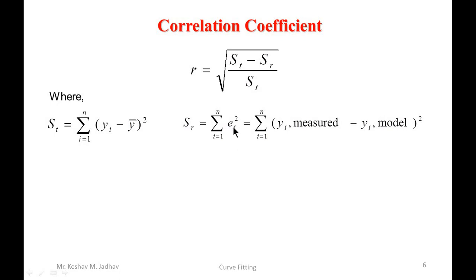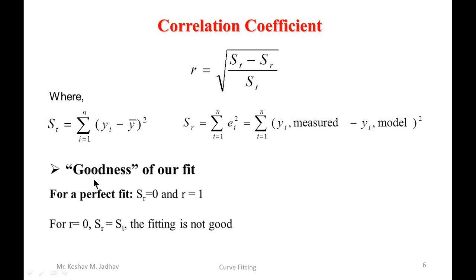Here ei is the respective error in measured value and modeled value. So we can check the goodness of our fit. For perfect fit, SR is equal to 0, means error is equal to 0. So if SR is equal to 0, then R will be equal to 1.